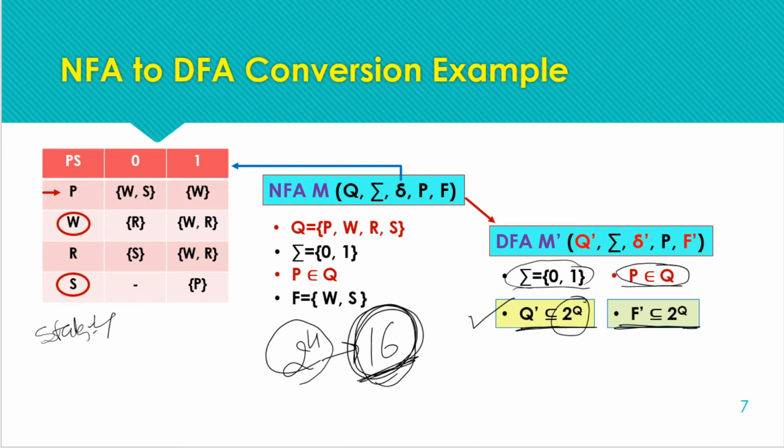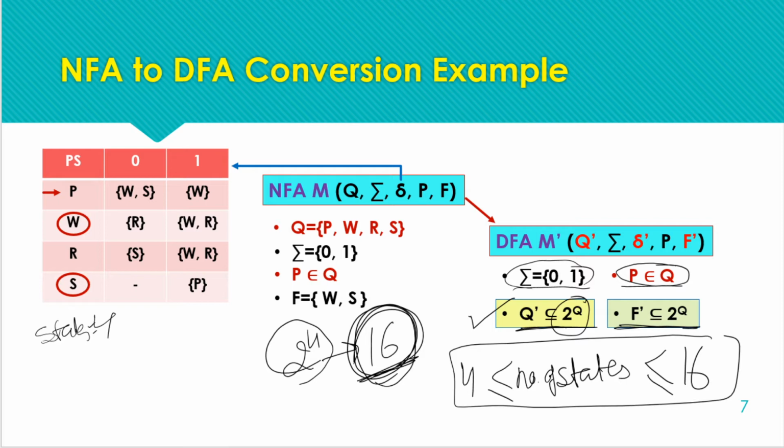The number of states can be less than 16, but it must be 4 or greater than 4, as the NFA already has 4 states. So we cannot have 3 states for the equivalent DFA. The number of states can be greater than or equal to 4 and less than or equal to 16 for this NFA, as the power set is 2 raised to power 4, which is equivalent to 16.